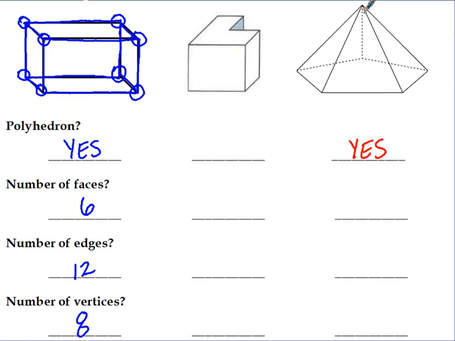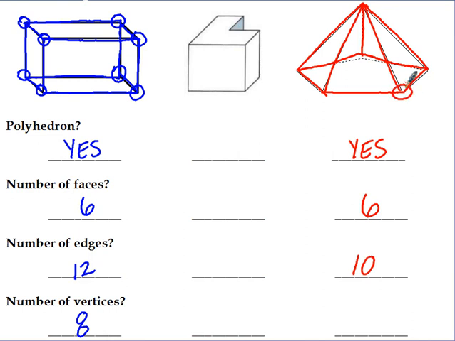I have 1 triangle there, that makes 2 faces, 3, 4, 5, 6. So it has 6 faces. My edges, 1, 2, 3, 4, 5, 6, 7, 8, 9, 10 edges. And the vertices, those are my corners. So 1, 2, 3, 4, 5, 6 different vertices.